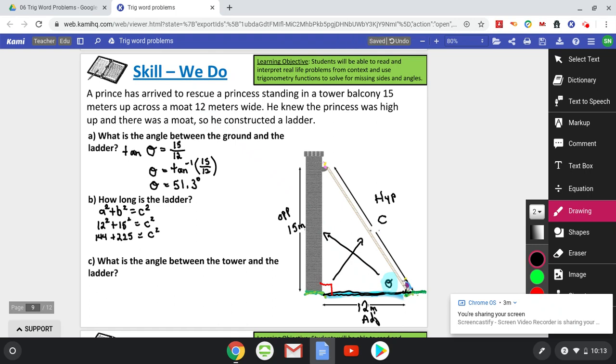Adding the left side, 144 plus 225 gives me 369 equal to c squared. Now I will take the square root of both sides, and this will lead us to c being equal to 19.2. Everything's in meters, so it will be 19.2 meters.